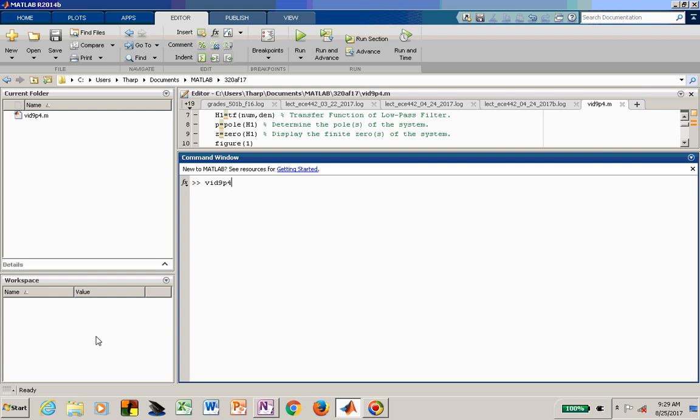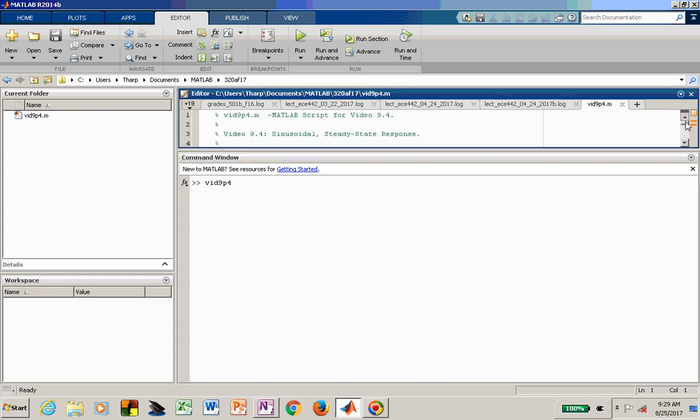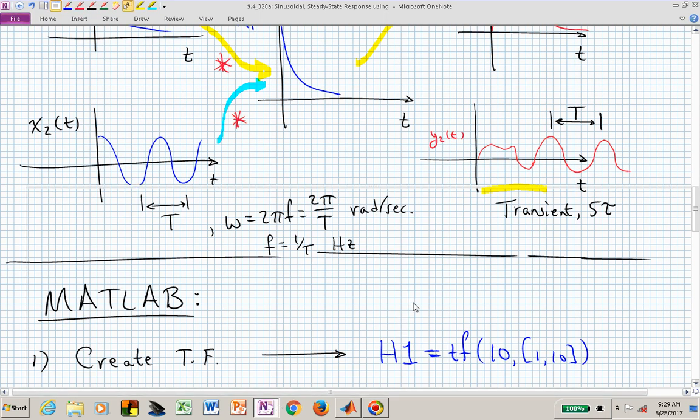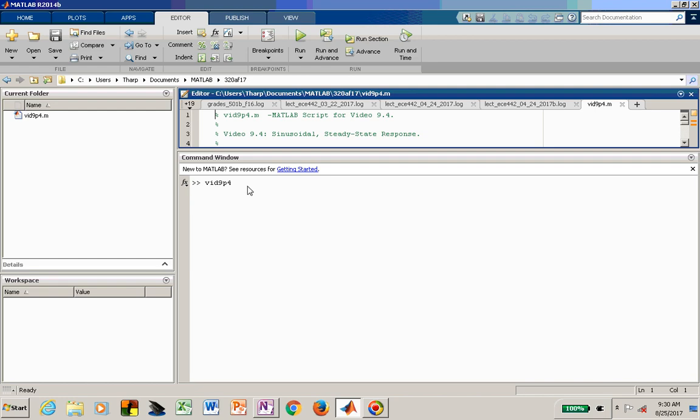And this workspace will keep track of the variables that are introduced as we type in commands. I'm going to actually execute the commands in this script file, which are illustrated here in this editor window, and I will provide that information to you also in OneNote or with a set of notes, but we will then execute these sets of commands.